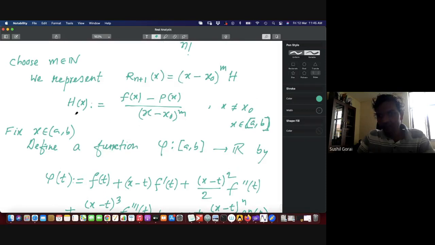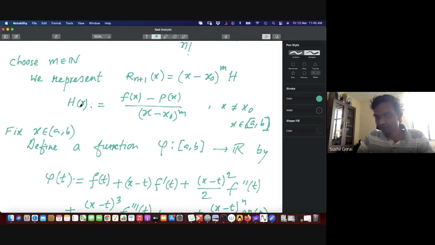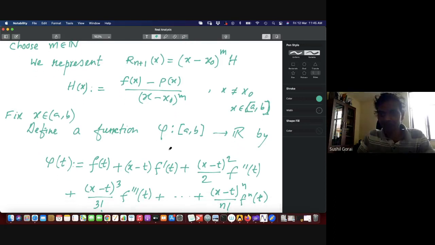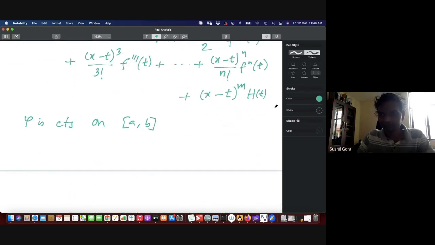See, h t may not be defined, but if you multiply x minus x naught times h, that is continuous on AB. And you can define it at x naught to be just f x naught minus P x naught there. So you get continuity of this whole term. So phi is continuous on AB.